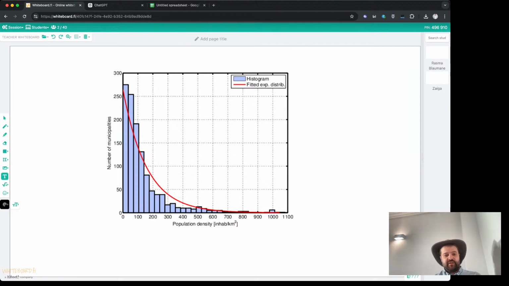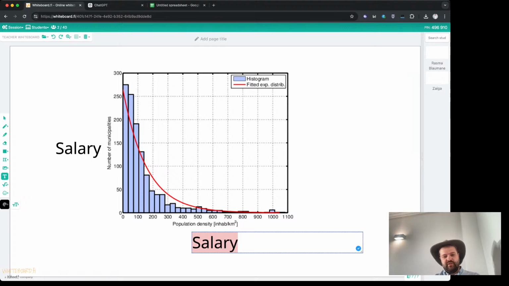Let's imagine that this is the salary, and the other axis is the population count.